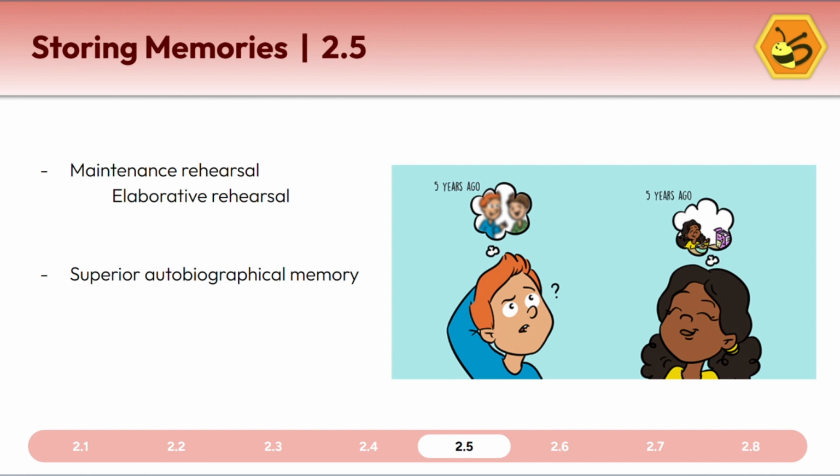This indicates to us that superior memory may have some biological functions attached to it, but we're still not sure. Additionally, autobiographical memory tends to be more memorable for all people, not just those with superior memory. So that means we tend to remember our own experiences and things pertaining to us easier.